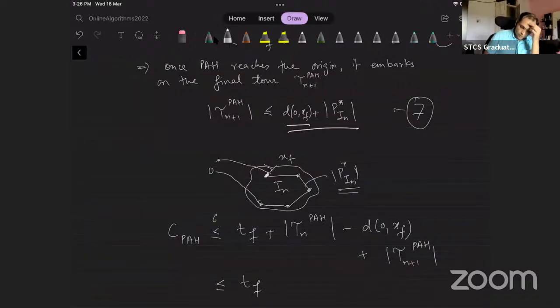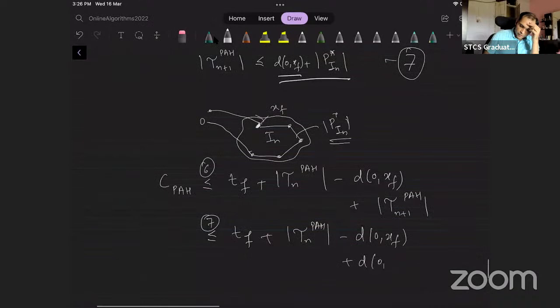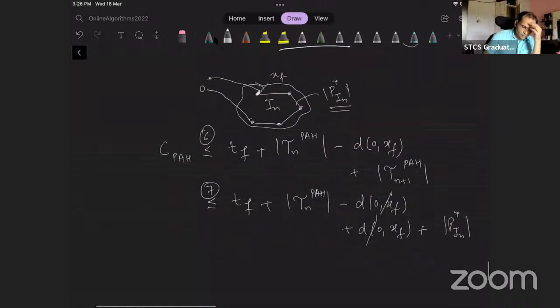So from 6 and from 7, TF plus TN PAH minus D of 0, XF plus D of 0, XF plus PIN star. So this and this cancel. So I end up getting TF plus TN PAH plus PIN star.